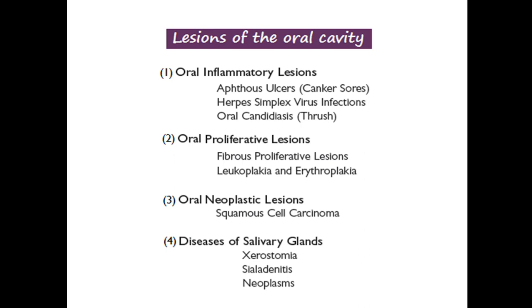The third disorder, oral candidiasis, you know that Candida albicans is a fungus and it is a fungal disease. So the three conditions: first, the Aphthous ulcers are the result of autoimmune disease, the herpes simplex virus infection is the result of viral infection, and oral candidiasis is the result of the fungal infection which is caused by Candida albicans. So first we are going to discuss the Aphthous ulcers.